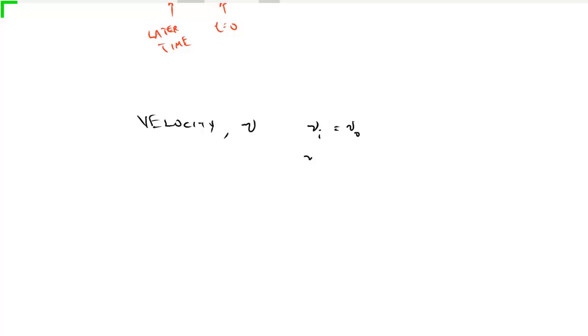And we also have v final, which really just means the same thing as some other v later on. We also have delta v is equal to v minus v naught, or we could say this is the same thing as v final minus v initial.